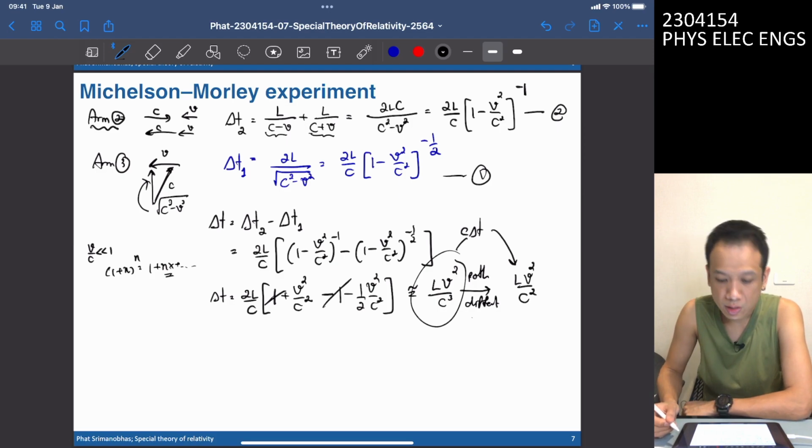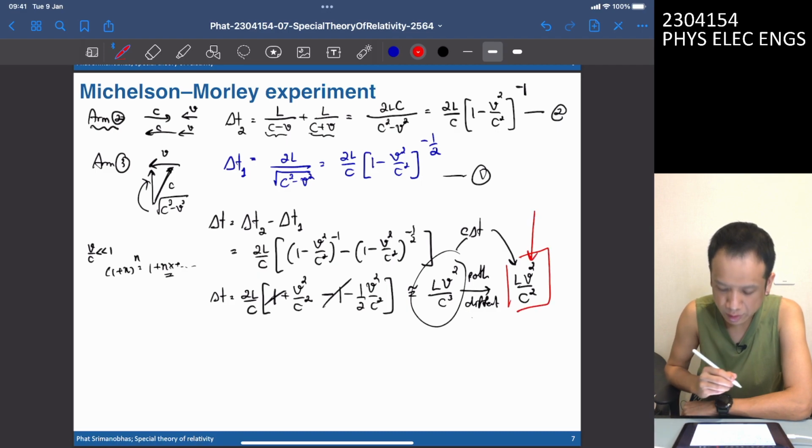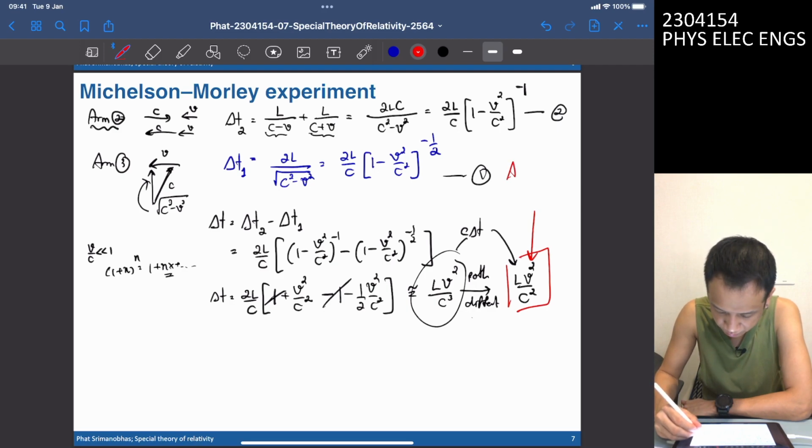From this formula, you will see that it depends on the ether wind, right? The ether wind manifests as a path difference.